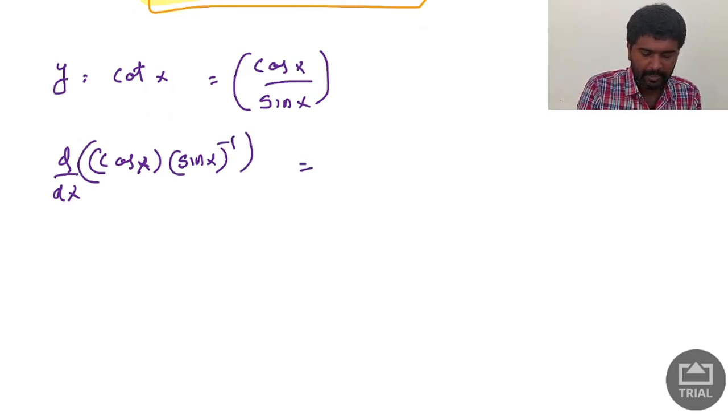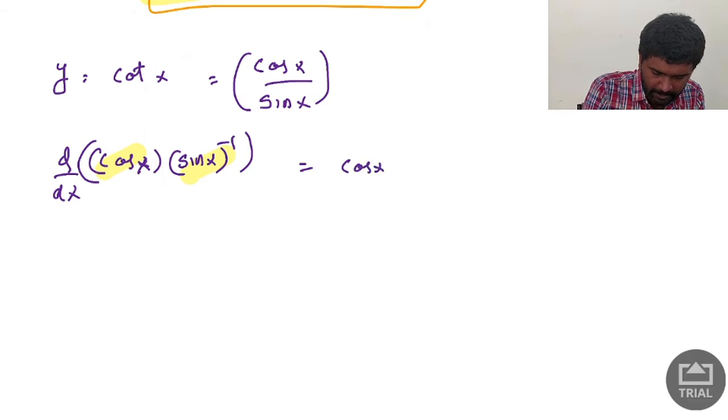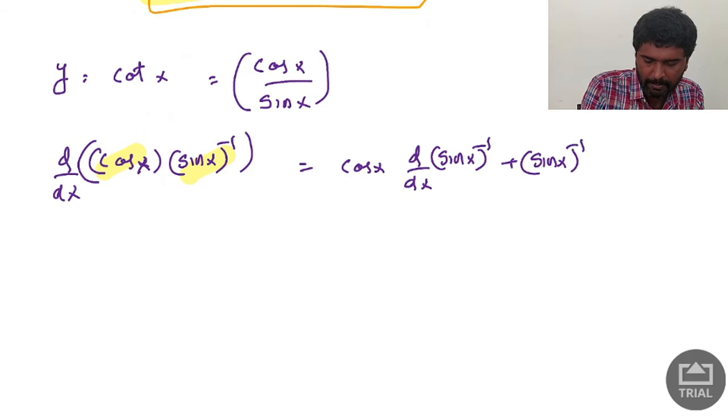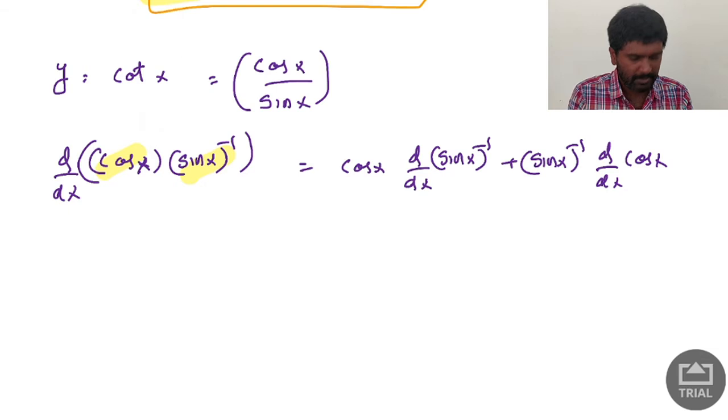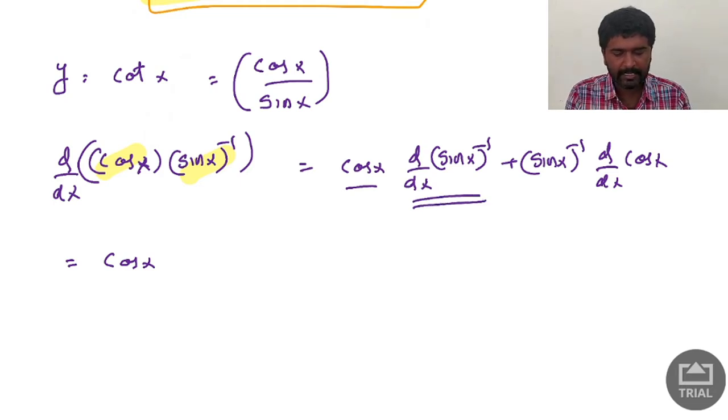I told you there are two functions here, one is cosine, one is sine. So you differentiate this by keeping the first function constant, dy by dx of sin x whole power minus 1, plus next time you take sin x power minus 1 common and differentiate cosine x.